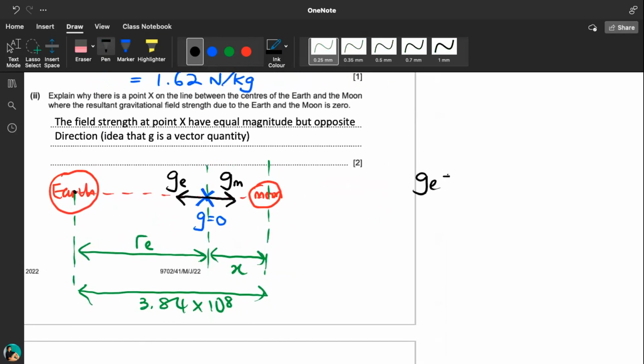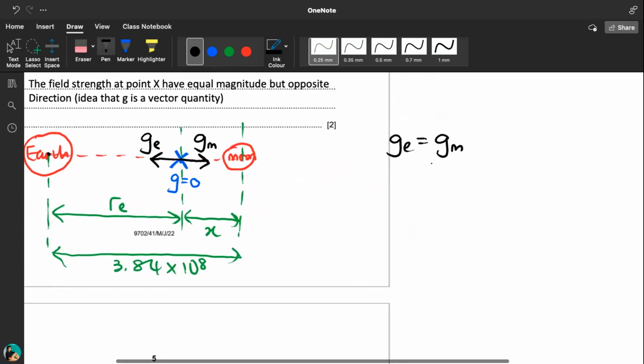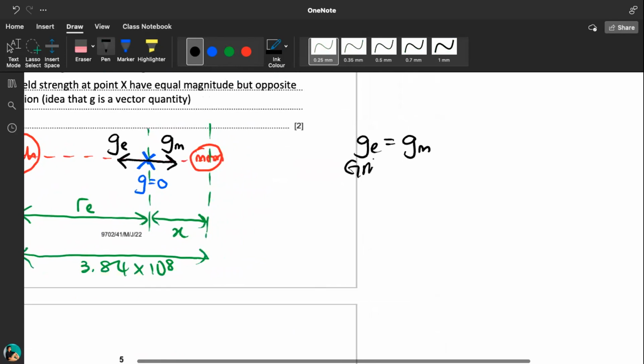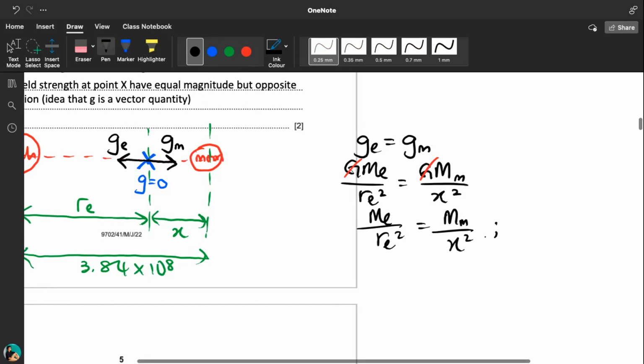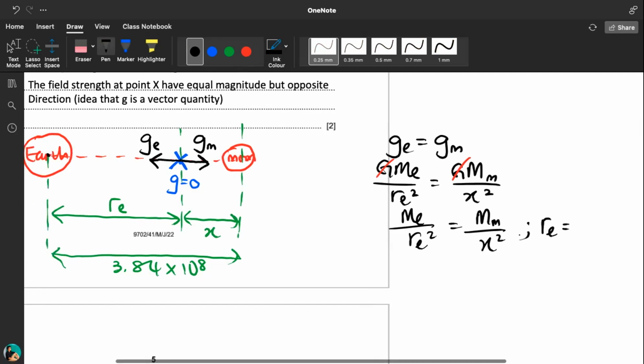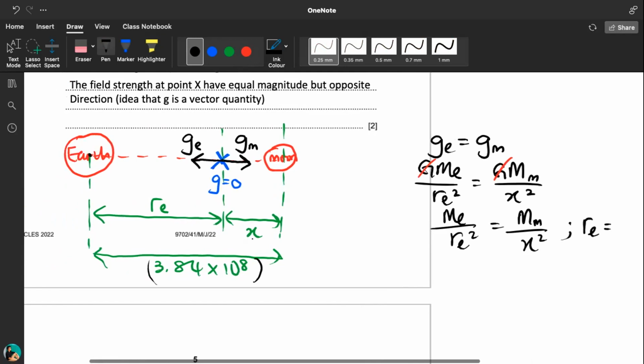Okay, find x. So I'm going to start with the g. gE equals gM. Then we write, okay, GME over rE squared equals GMM, this is the mass of the moon, over x squared. Cross off G, then we get ME over rE squared equals MM over x squared. Now, we're going to substitute the rE, which can also be written as 3.84 times 10 to the power of 8 minus this x here.